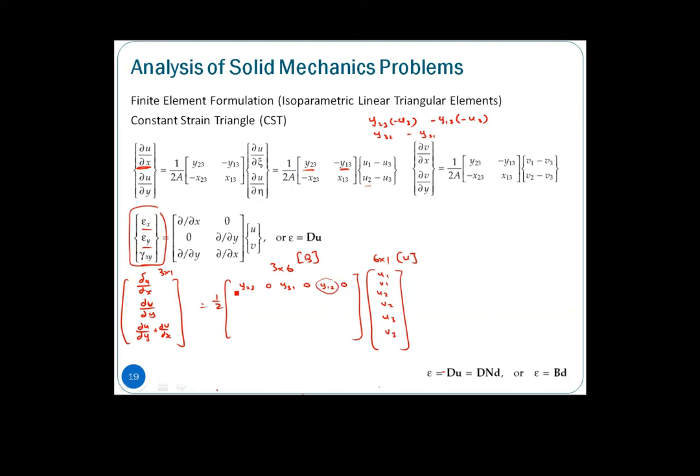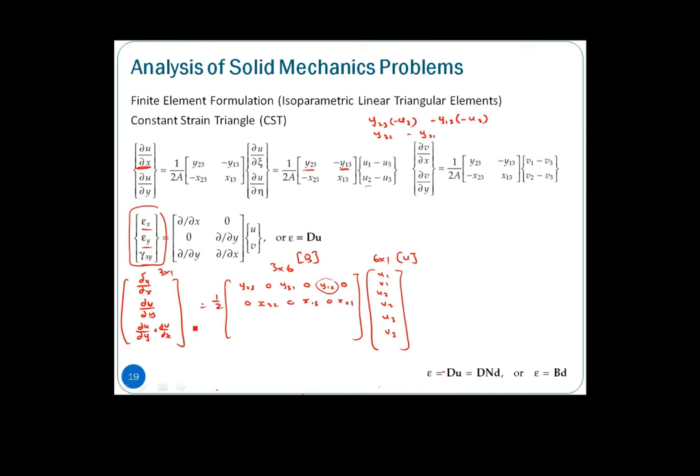Similarly for del v del y, it is the same, with 0, x3 2, 0, x13, 0, x21.